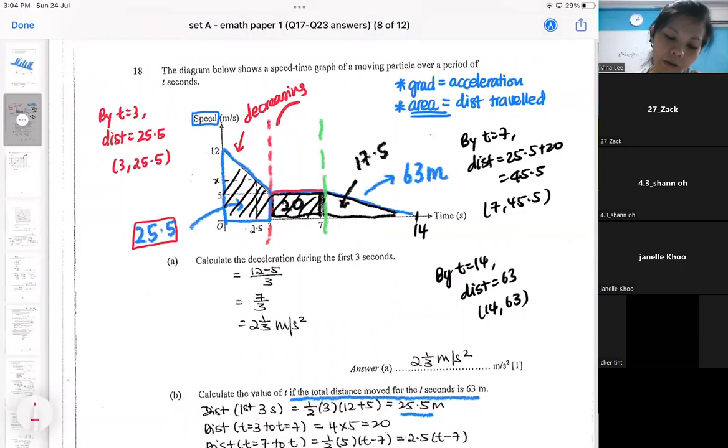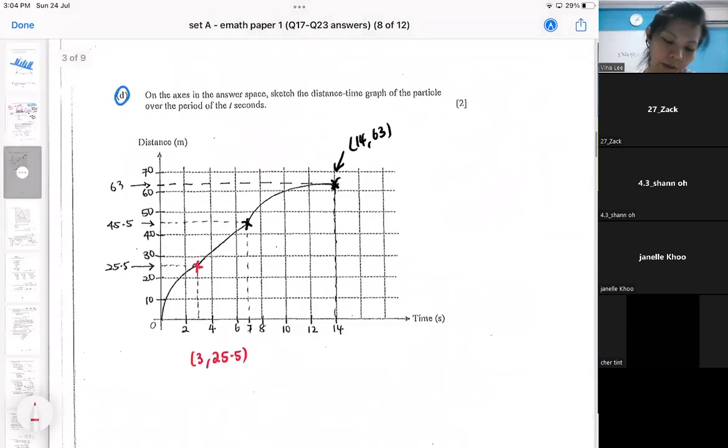This part is a constant. The curvature will be a straight line. And this part, again, is a decreasing, so again it's the same curvature. Okay, so you look back here. Can you see this is the decreasing curvature?